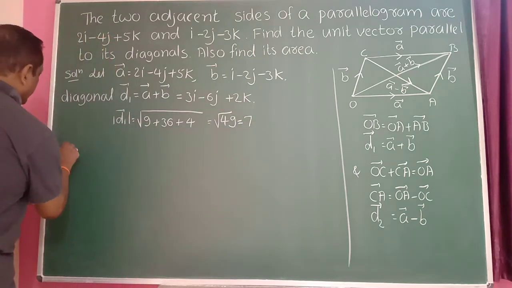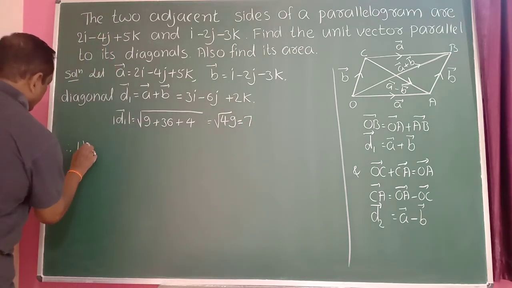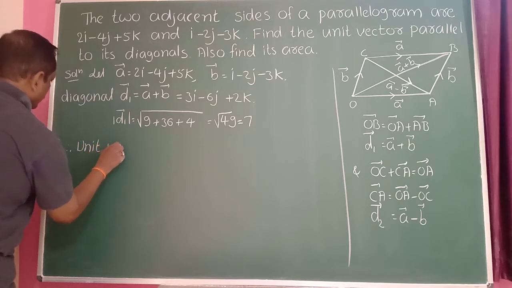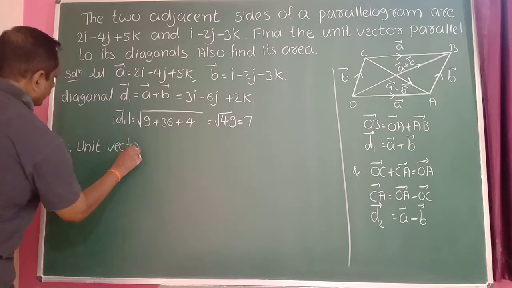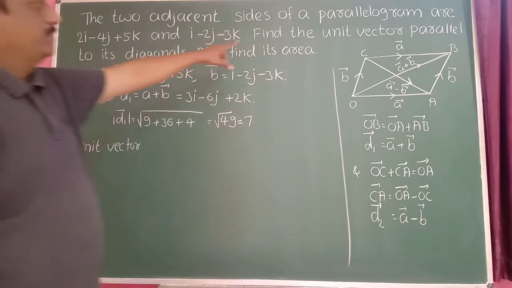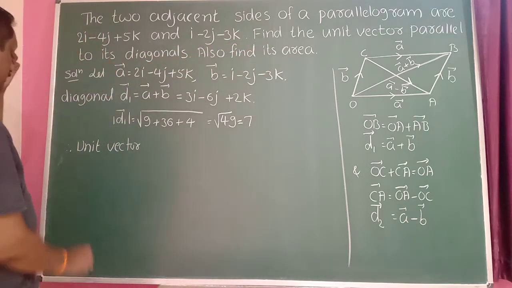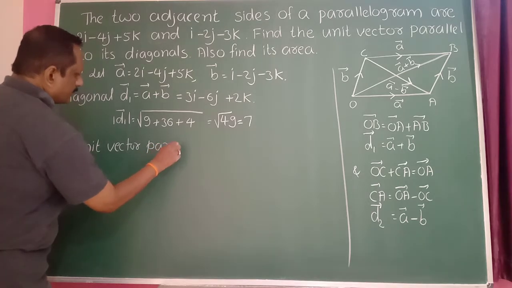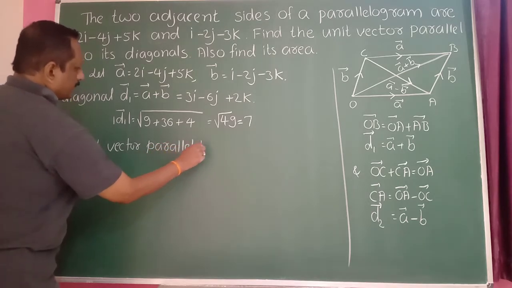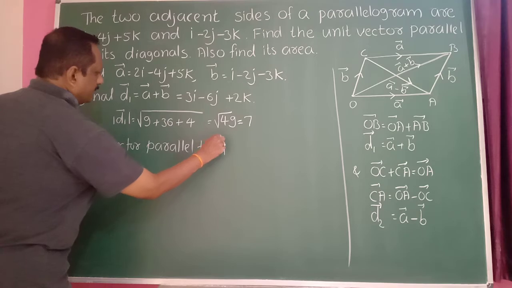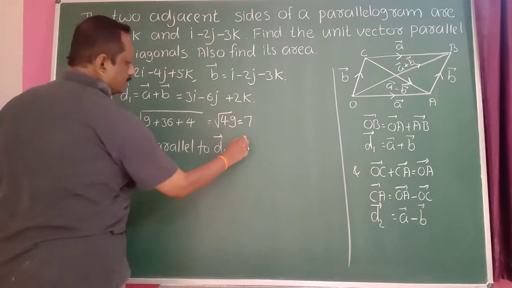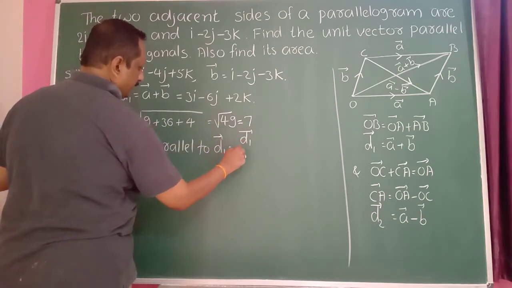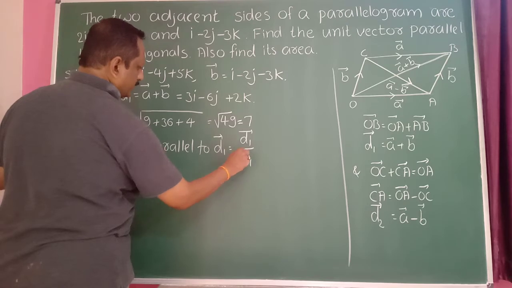Therefore, find a unit vector parallel to this diagonal. The unit vector parallel to the diagonal D1 is equal to D1 divided by modulus of D1.